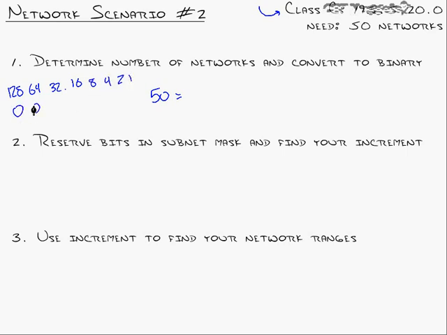So 50 networks, 0, 0, 1. I can take 50 minus 32, and that would give me 18. So 18 left over. So I'd have a 1 in the 16. That would leave me 2, 18 minus 16. So there's our 2, and that is our binary number. 0, 0, 1, 1, 0, 0, 1, 0.